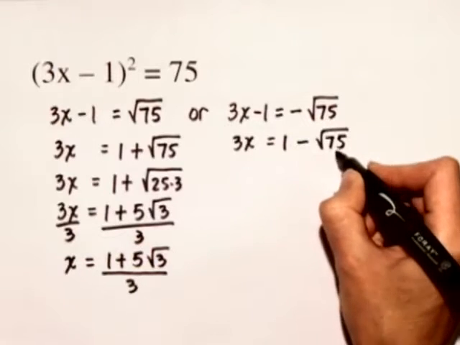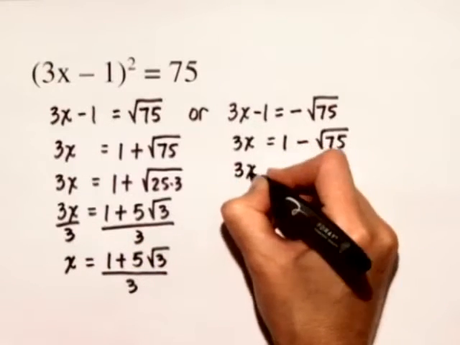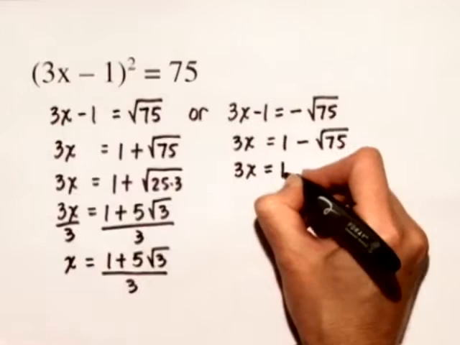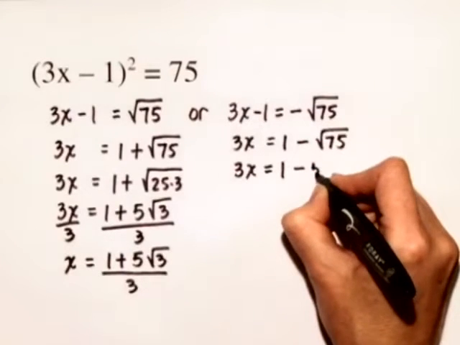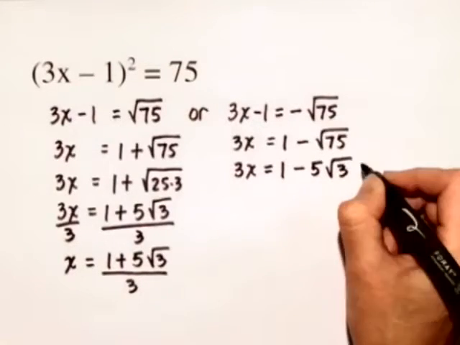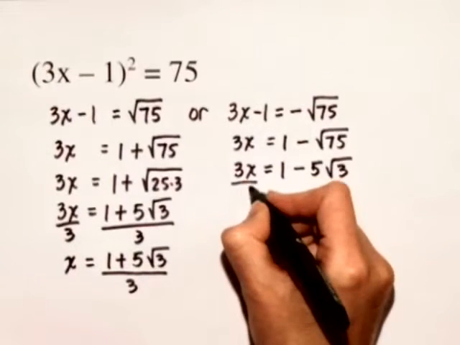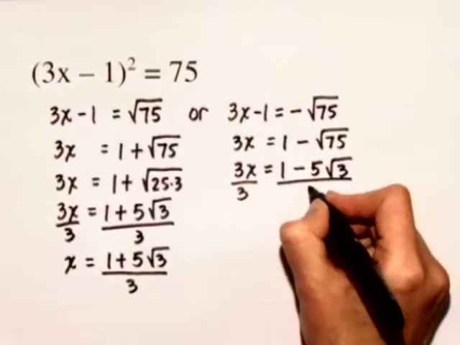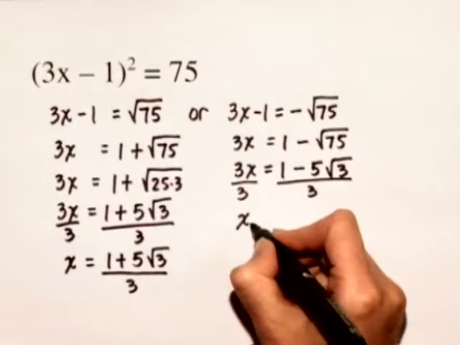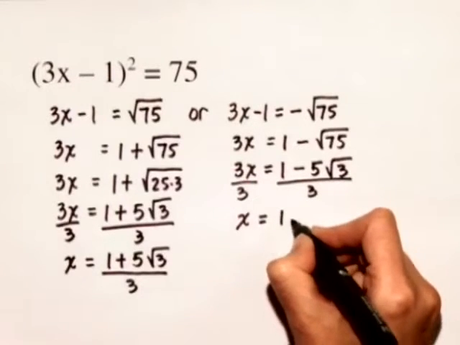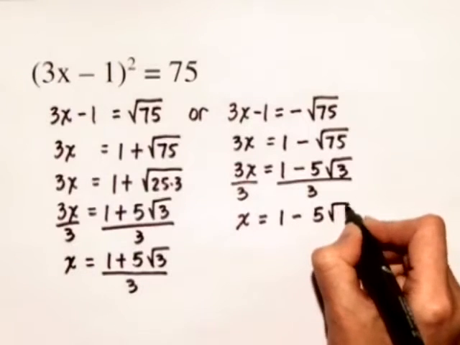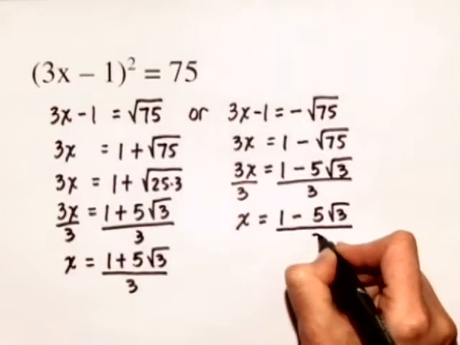Since we just simplified the square root of 75, we know this becomes 3x equals 1 minus 5 times the square root of 3, since 75 was just 25 times 3. And then we'll divide both sides of this equation by 3, and we'll end up with x equals 1 minus 5 times the square root of 3 over 3.